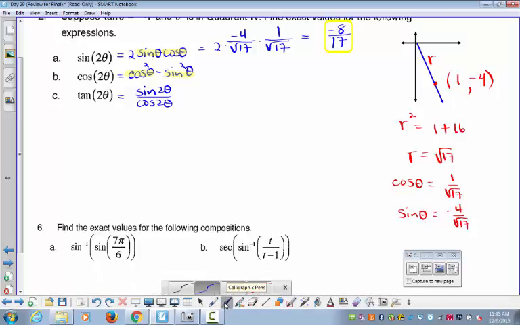All right. Next one, we do cosine squared minus sine squared. Cosine squared is 1/17. Sine squared is 16/17. We end up with minus 15/17.